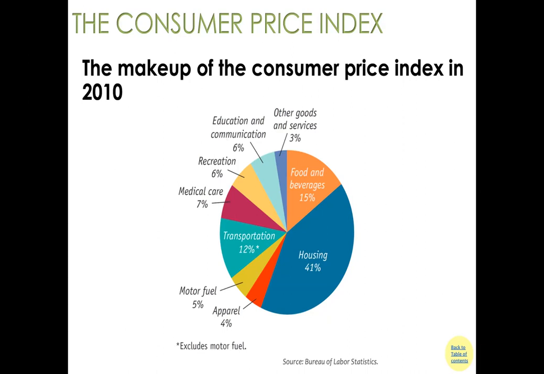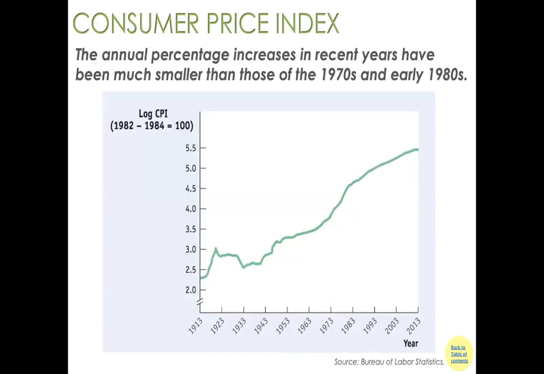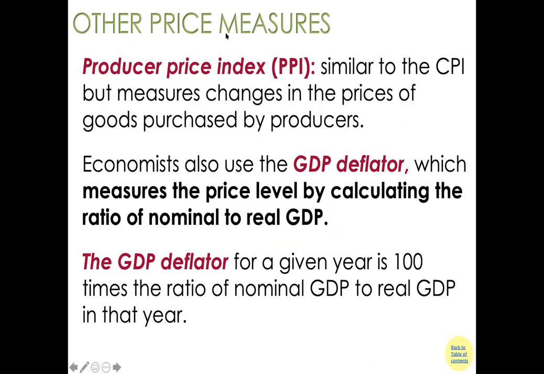But that's what the typical household spends. So they have different goods to consume, and then we are going to create a different index. Okay, so that's how we calculate the producer price index. Consumer price index is used for measuring the cost of living, and the producer price index is used for measuring the cost of production.